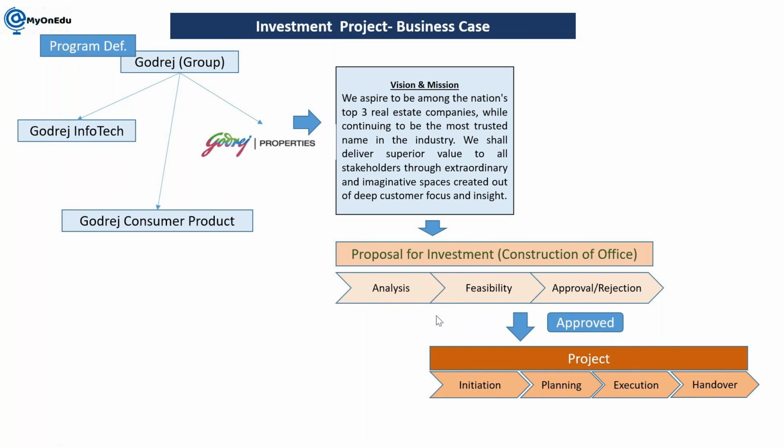This part comes under the project system. Here, the project will have initiation, planning, execution, and handover. All the activities which come under these phases have to be managed within the project system only. So if you see the slide, this PPM comes here, and then IM comes here, and PS here.